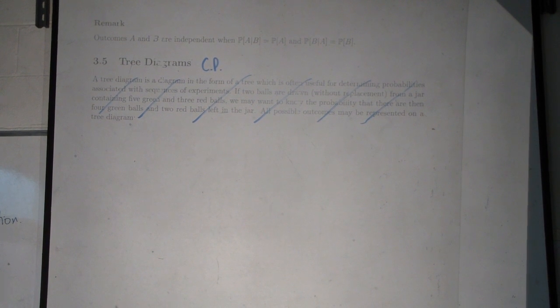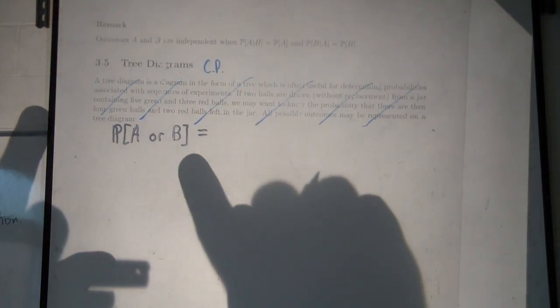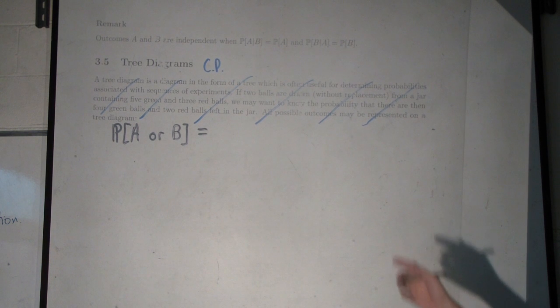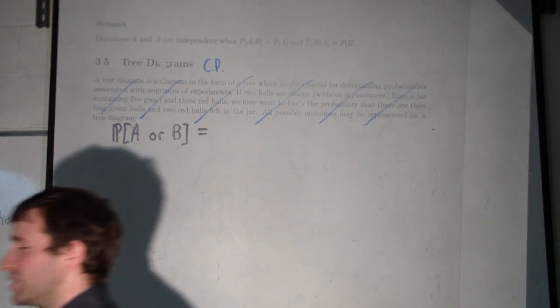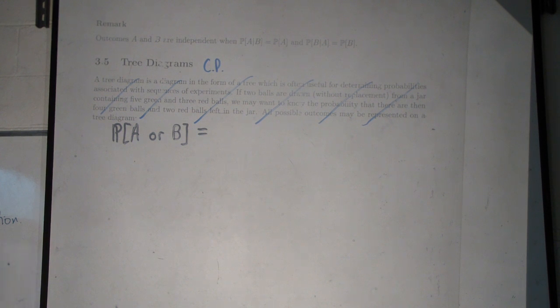Alright, there we go. Okay, so the first easy thing is the probability of A or B if these things can't happen at the same time. Now, pretty much any questions we're going to give you, it's going to be things that can't happen at the same time.